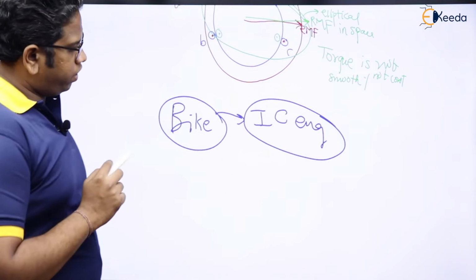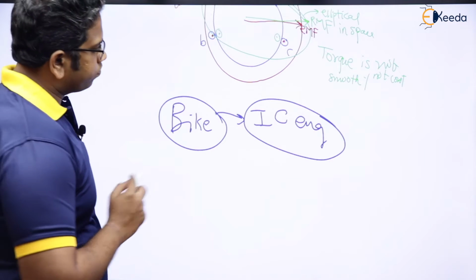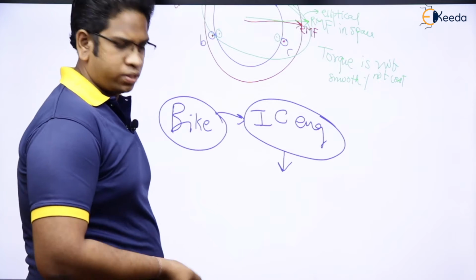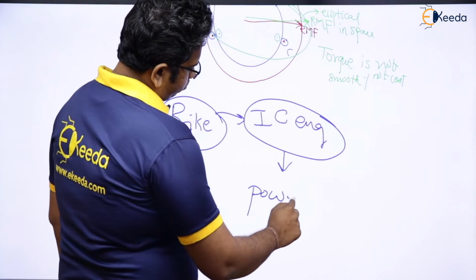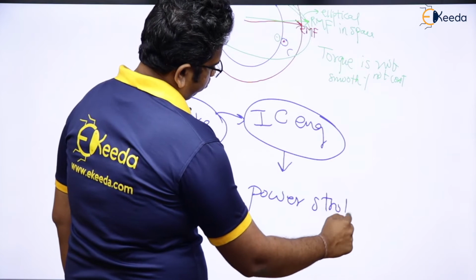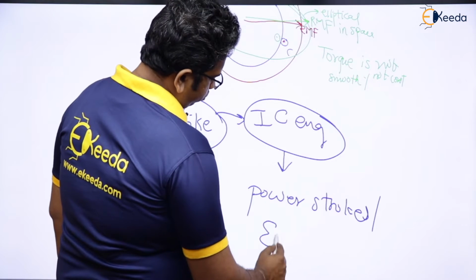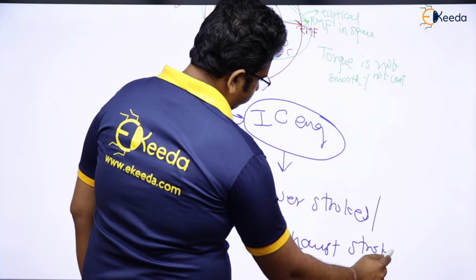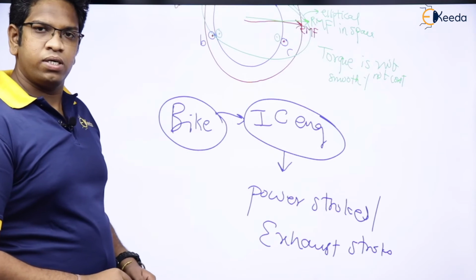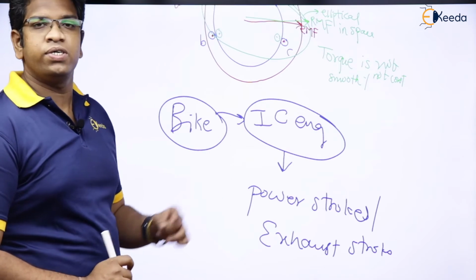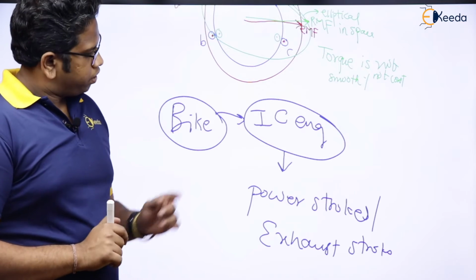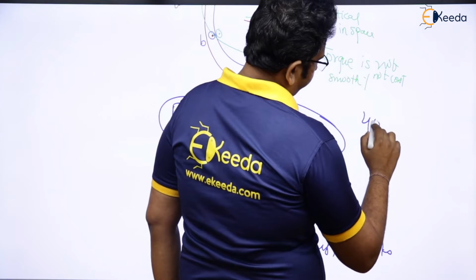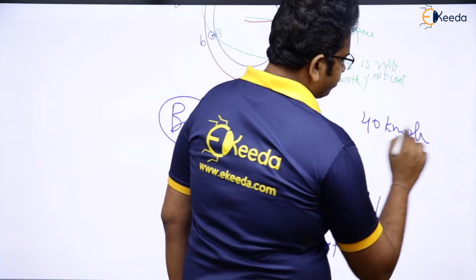Now when I have an IC engine, what is going to happen there? You apply some strokes in the cylinder, some power strokes, or some exhaust strokes. So in the case of a bike with an IC engine, for example, your bike is moving at a speed of, let us say, 40 kmph linear velocity.